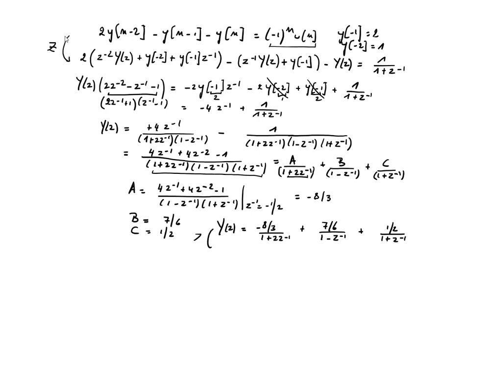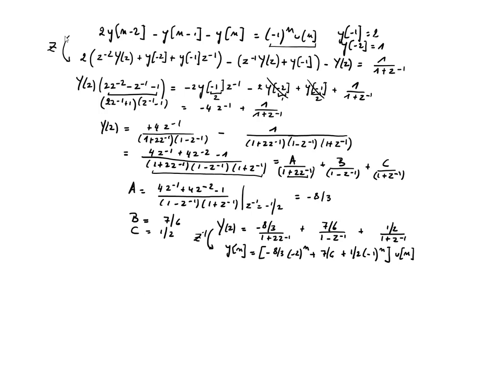We can do the inverse z transform, and you obtain y[n] is equal to minus 8 thirds times minus 2 to the power n, and again it's an n here, plus 7 sixths, plus a half times minus 1 to the power n, u[n] to make everything causal. Here we have 1 to the power n.